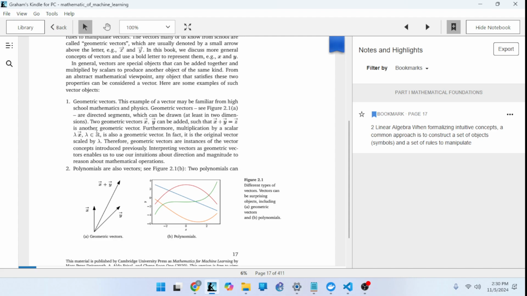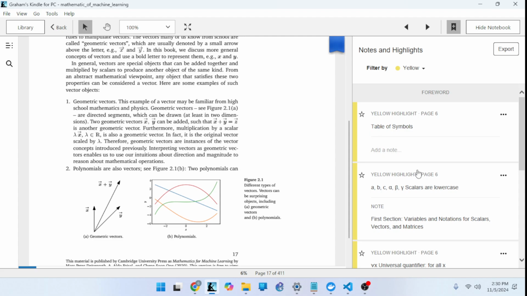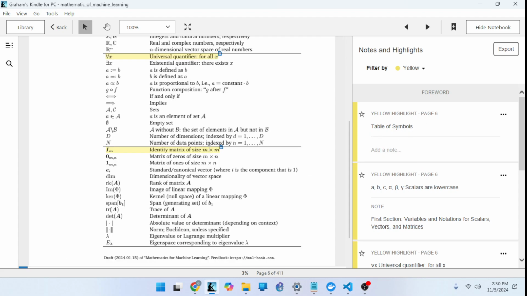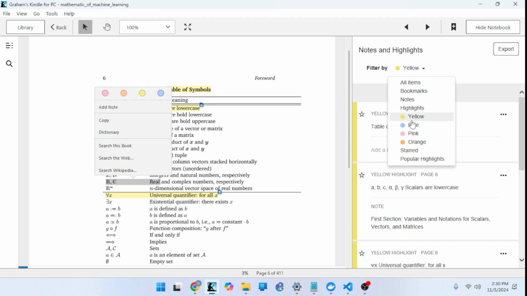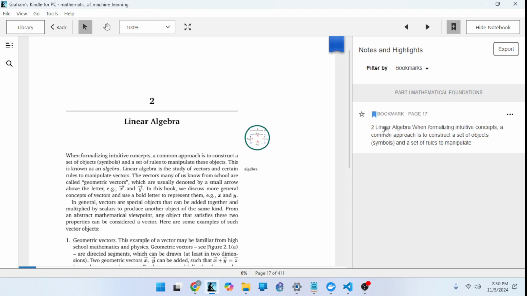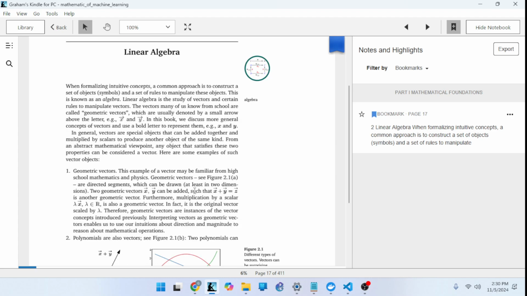All right, so this stands for a real number as far as I know. Yeah, so it's a real number. So by scalar, this is also a geometric vector.